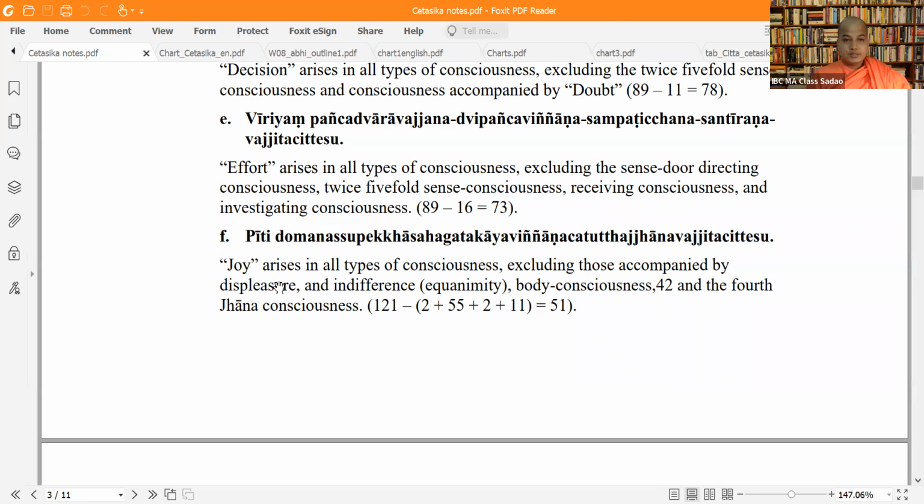So joy cannot be present in domanassa, and it is also not present in equanimity, upekka. So those chittas with domanassa and those chittas with upekka do not have piti. Piti is also not present in the fourth jhana consciousness, because in the fourth jhana consciousness you have sukha, right? Vitakka, vichara, piti, sukha. So piti is present up to third jhana consciousness in all different sections.